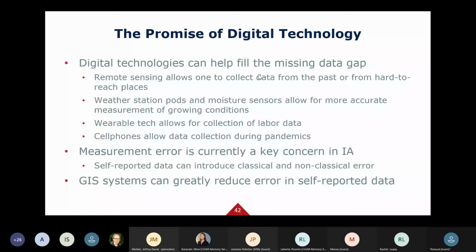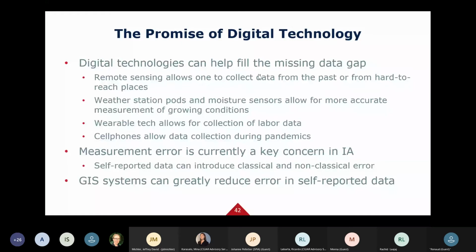We've seen presentations about wearable tech. We all know it's hard to measure household labor. Wearable tech allows us to get a sense of that. Cell phone data collection: I'm working with the World Bank and Talip right now. Cell phones are saving us in our data collection efforts as part of the LSMS-ISA.